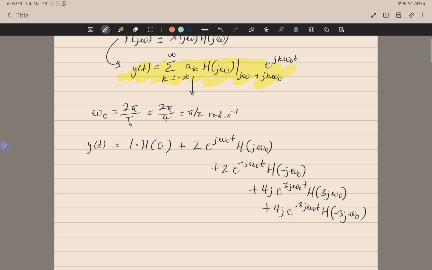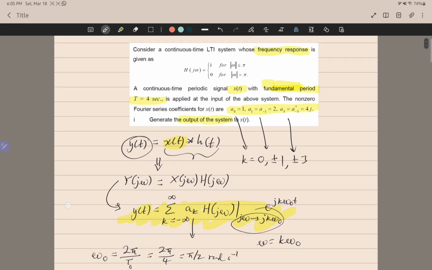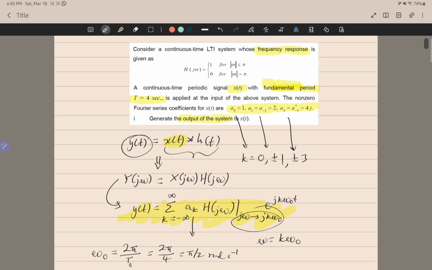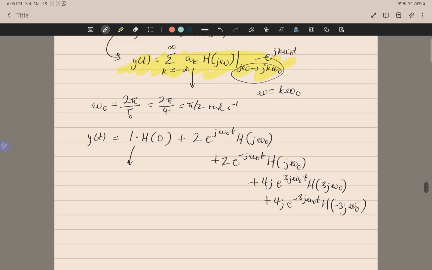So what do we find here? What this statement means is we substitute omega as k omega 0, and we look at this one by one. For this term, what is our omega? It's 0, and 0 is less than pi, so H of 0 is 1.